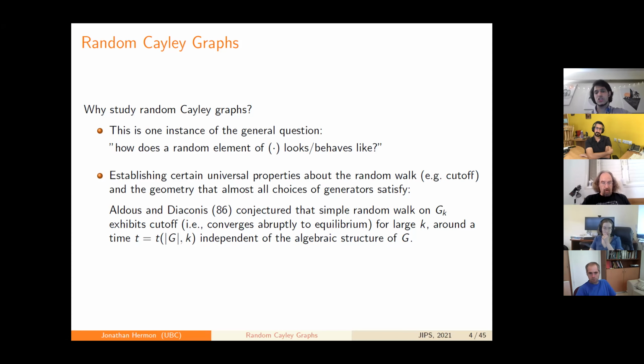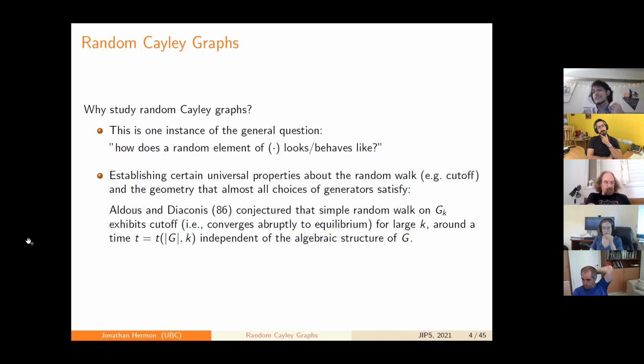They conjectured that simple random walk on a random Cayley graph with K generators always exhibits cutoff, which I will define later, but what it means loosely is that it converges very abruptly to equilibrium, for a K which is large. And not only is there cutoff, the cutoff time is independent of the algebraic structure of the group. So it's just a function of the size of the group and the number of generators.